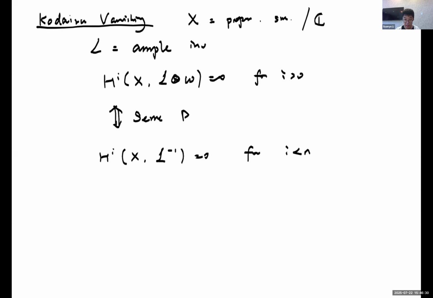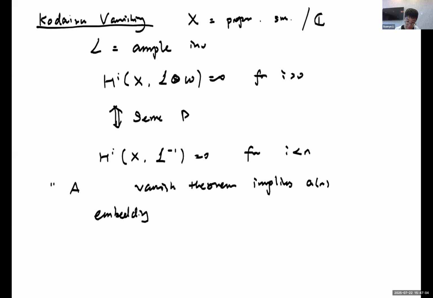It seems something nonsense, useless at the beginning of the Kodaira vanishing, but it's really useful in the sense that there is a principle saying that a vanishing theorem implies an embedding theorem.